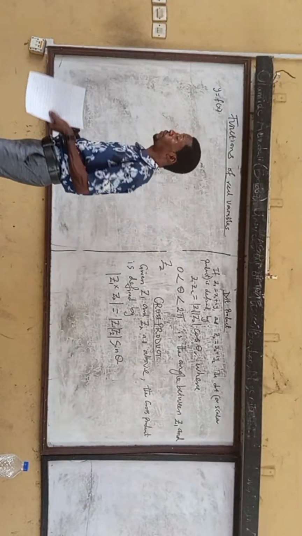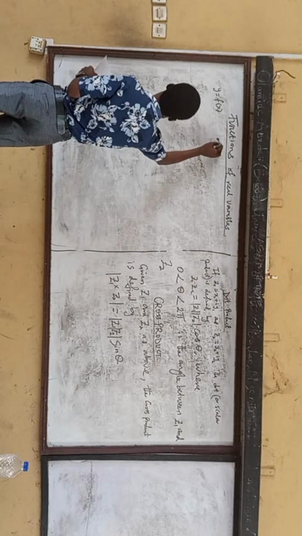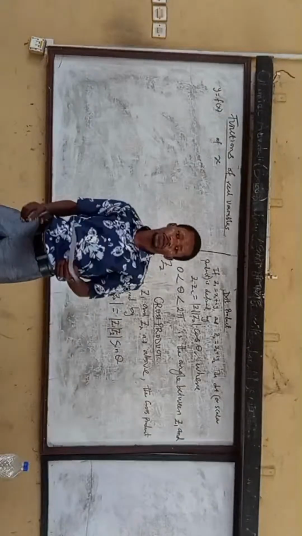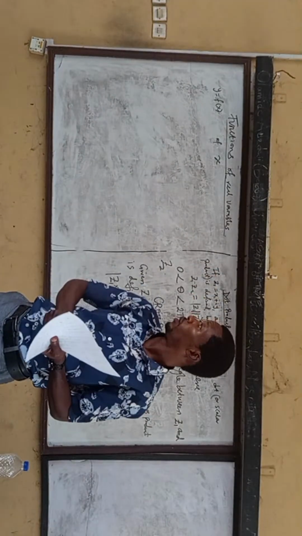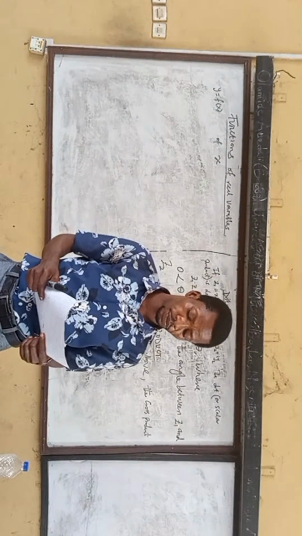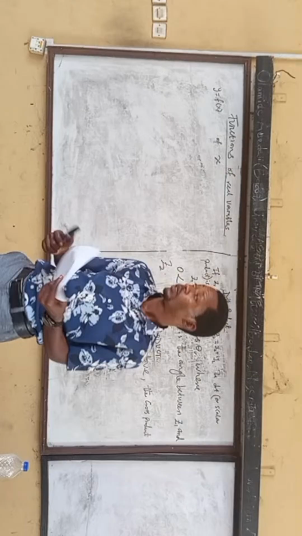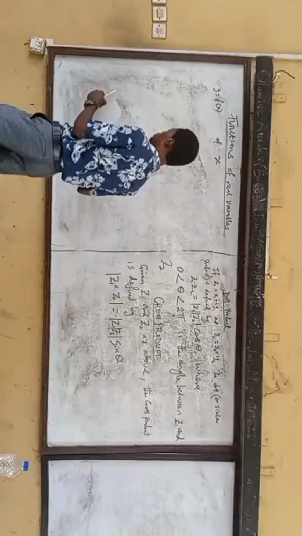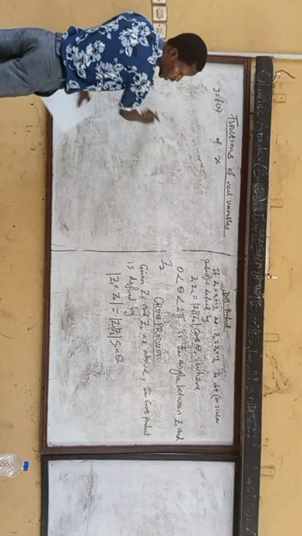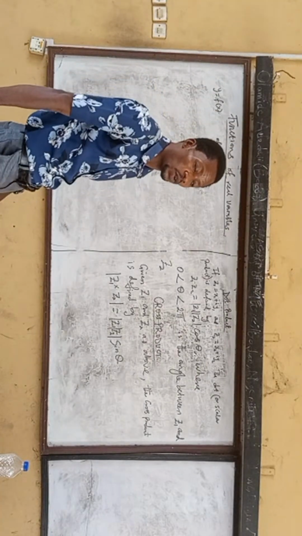A variable y equal to f of x is said to be a function of x if to each value of x there corresponds a definite or unique value of y.